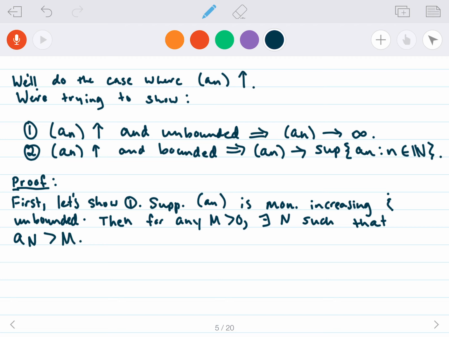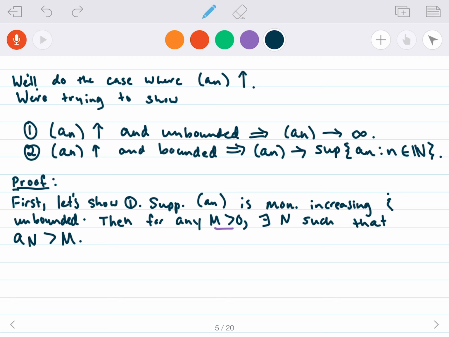Okay, so that's what it means for this thing to be unbounded when we're increasing. So for any positive number, there's going to be some term in the sequence that's bigger than that positive number, no matter how big you make the positive number.